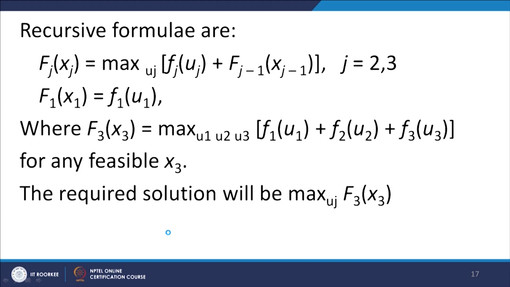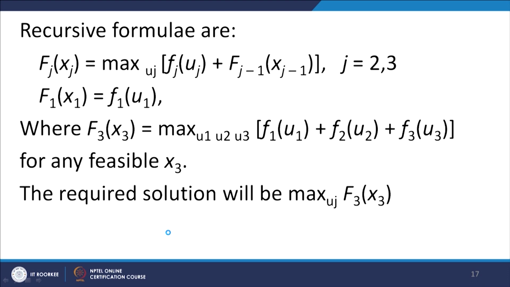Now, these recursive formulas are Fj(xj) is equal to maximum over uj of fj(uj) plus F(j minus 1)(x(j minus 1)), j goes from 2 and 3, and for F1 it is F1(x1) is equal to f1(u1), where F3(x3) is equal to maximum over u1, u2, u3, that is f1(u1) plus f2(u2) plus f3(u3) for any feasible x3. The required solution will be maximum over uj of F3(x3).